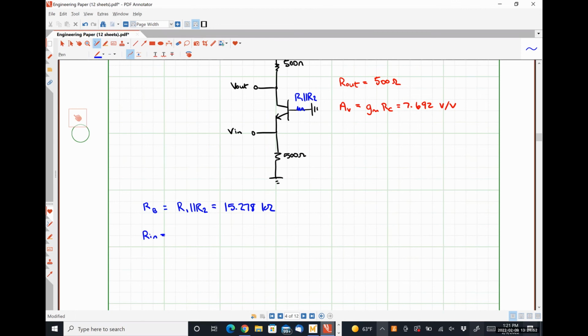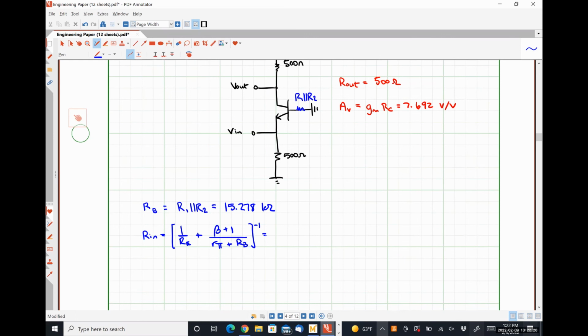What's our input resistance in the case of a common base amplifier with both base resistance and emitter degeneration? All right.